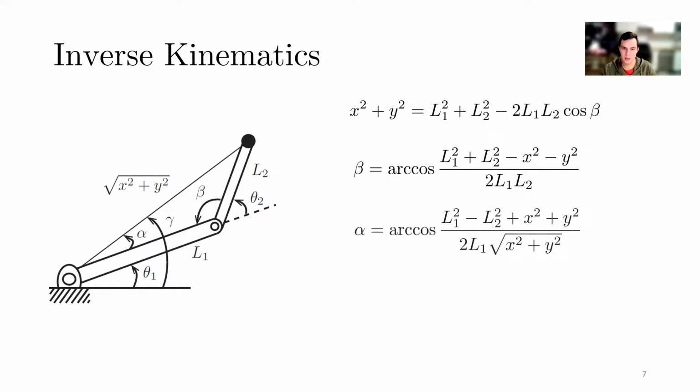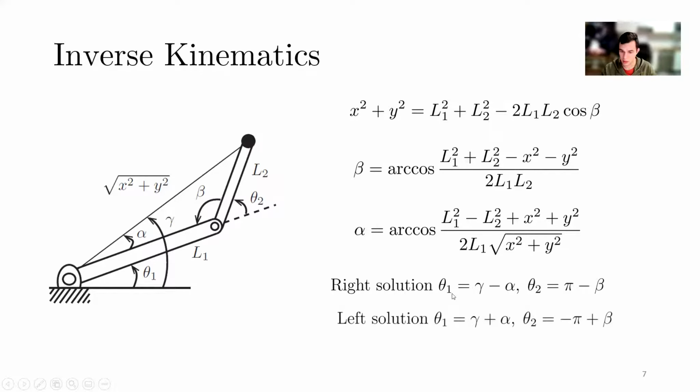We can apply the cosine law the same way to calculate alpha, and we can calculate theta 1 and theta 2. We can calculate the right solution and the left solution, because there are two solutions when we consider inverse kinematics. All right, so we know the desired angles.